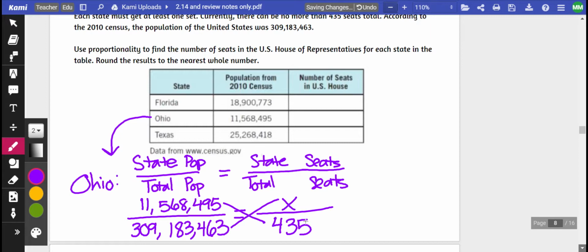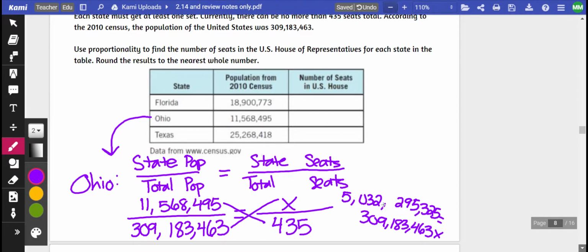When you multiply 435 and 11 million, we get 5,032,295,325, and it is equal to 309,183,463x.